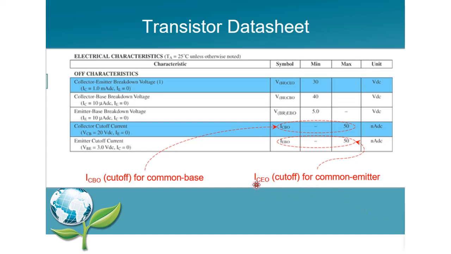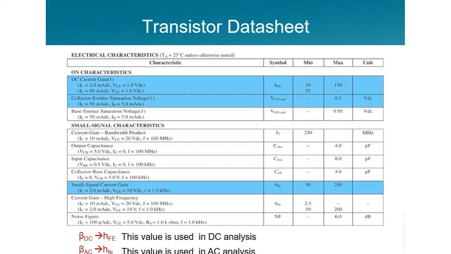The second section of the transistor datasheet is the off characteristic, where the important one is the ICBO. This is the cut-off current for the common base, and ICEO is the cut-off current for the common emitter. And the other one is the on characteristic here.